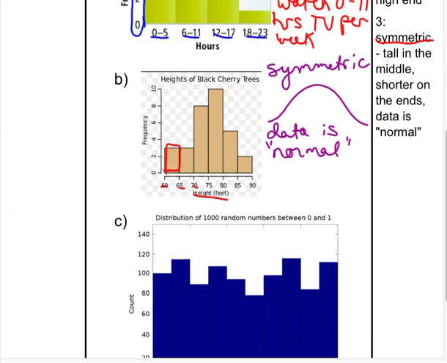And then same for the next bar, you've got 65 feet to less than 70 feet, and so on. And then of course on the left-hand axis, we always have frequency. So for both of those bars, there were 3 cherry trees that were in that range of heights.